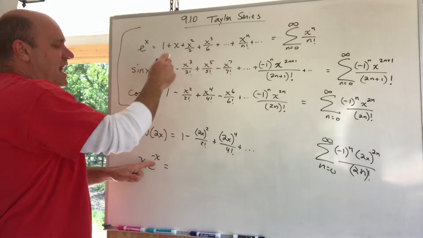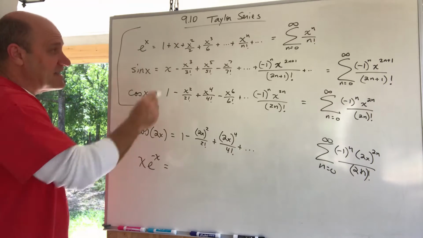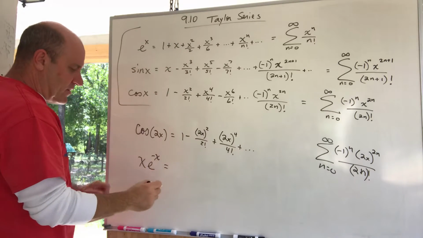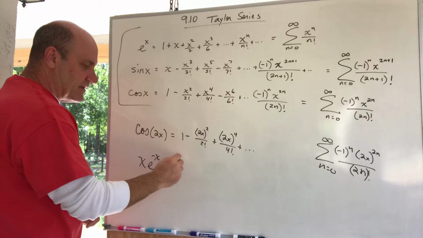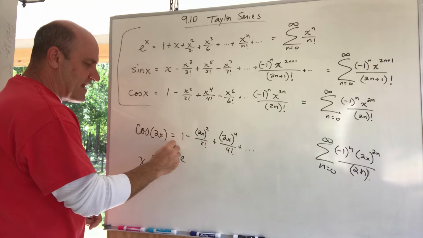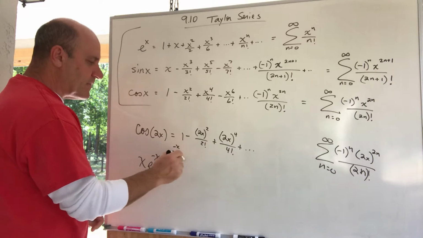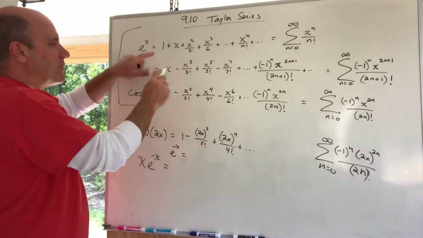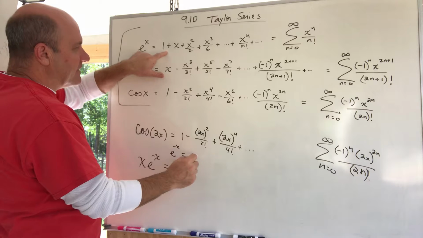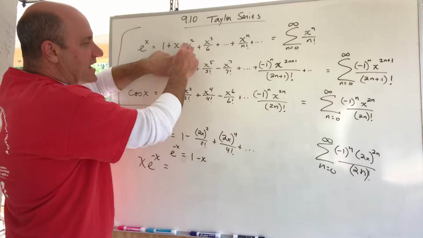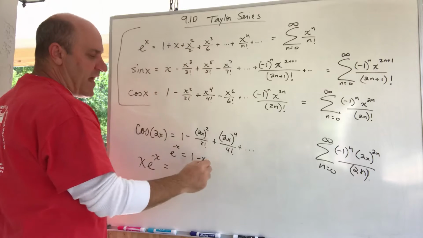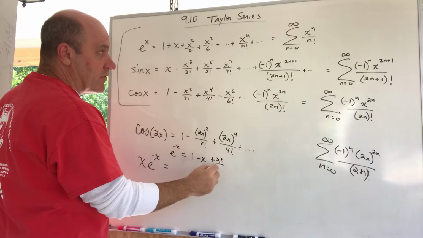If I have e to the x, I just replace the x with a -x. I'm trying to build this, but let me do it in stages. If I wanted e to the -x, I would replace that x with a -x. You know, when you square that, it's still going to be x squared over 2.